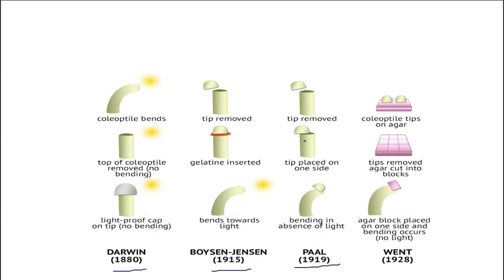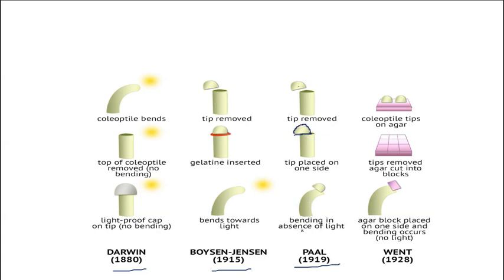But when he placed mica in between, he conducted the same kind of experiment, but instead of gelatin he used mica, and he saw that no bending occurred. Why? Because mica is water impermeable. A water impermeable substance will not allow auxin to diffuse downward.